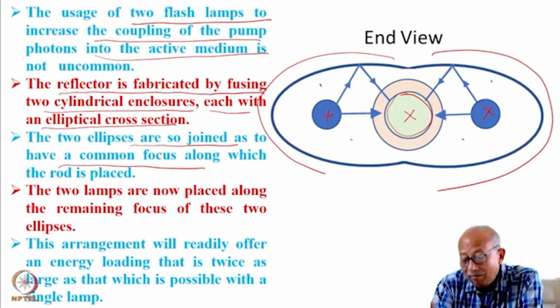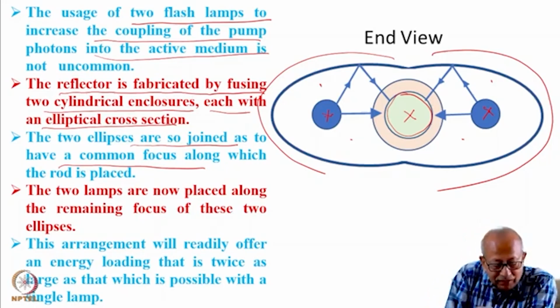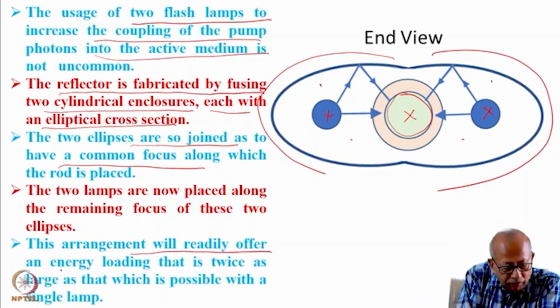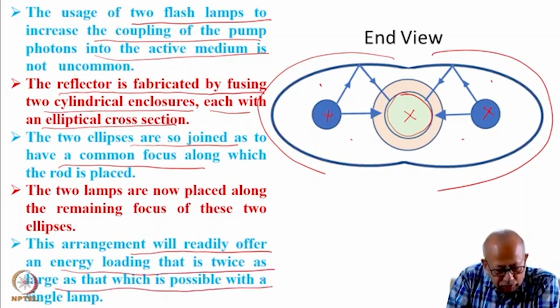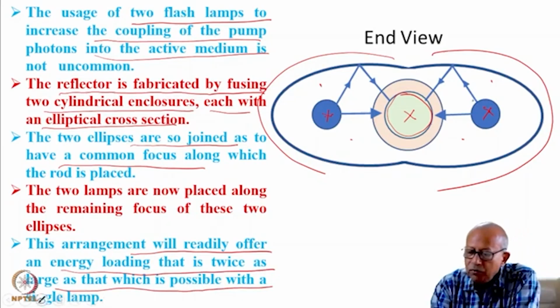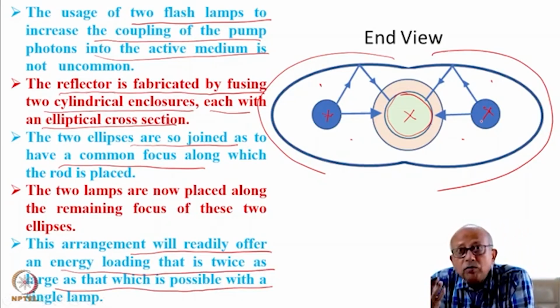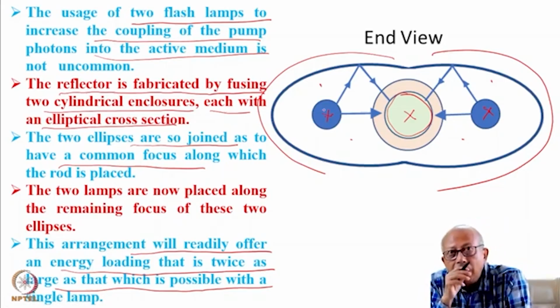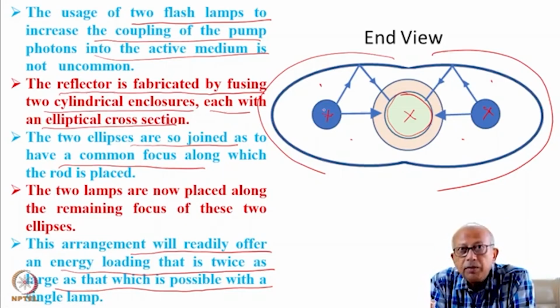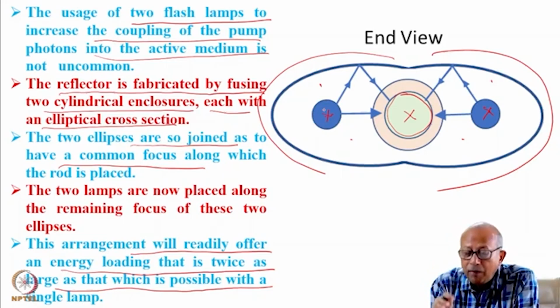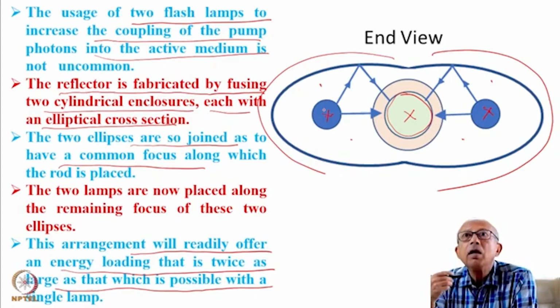So you can appreciate that this arrangement will readily offer an energy loading that is twice as large as that which is possible with a single lamp. If you use two lamps, you produce twice as much light as can be produced by a single lamp, and therefore this arrangement ensures that the pump energy loading is double that of the case of one flash lamp.